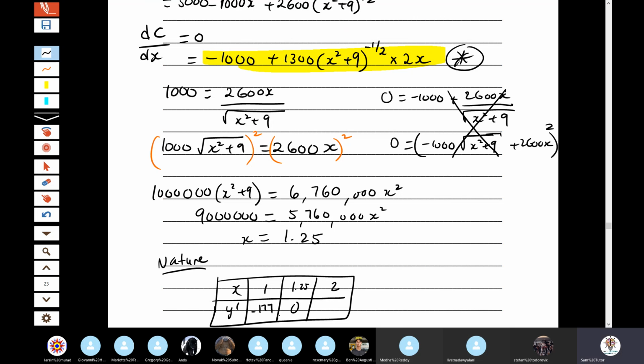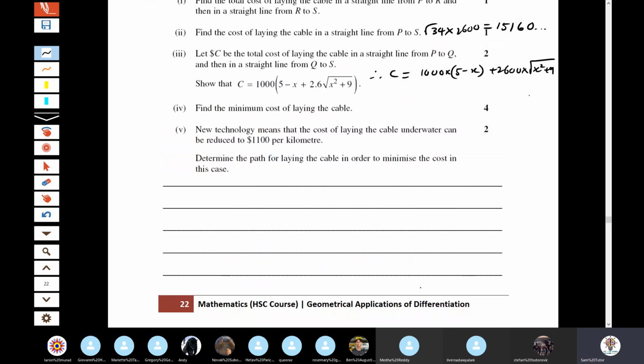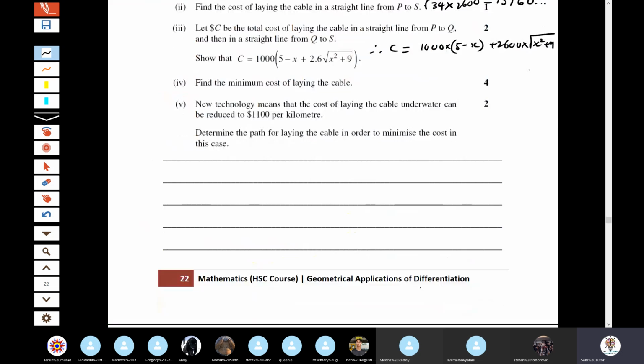If it was 2, 2 squared plus 9 is 13, and then that will be times 2, 442. Beautiful. What do we get? We get negative, 0, positive, which is a minimum. If you get a maximum by accident, you know you're wrong because the question will tell you if it's a min or max. It says find the minimum cost.